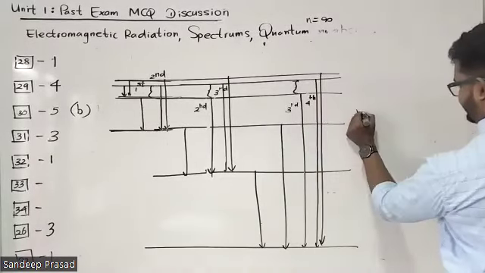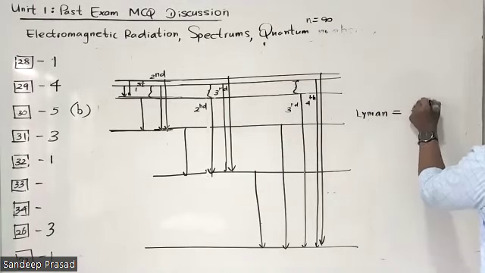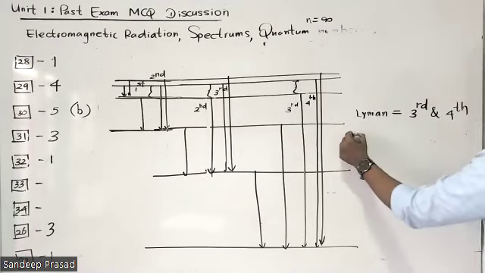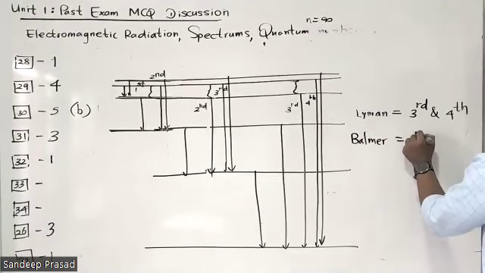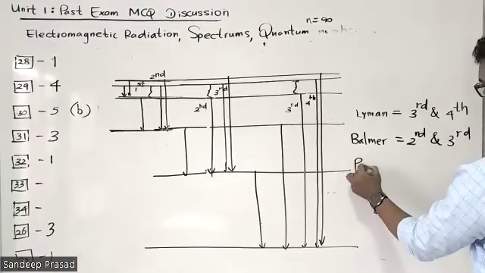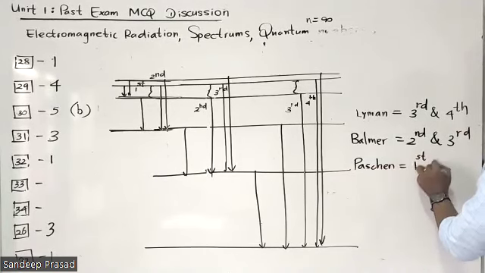So that means we can tell that in the Lyman series, the third and fourth lines' gap is equal to the Balmer series second and third gap. Then when you consider the Paschen series, first and second gap.